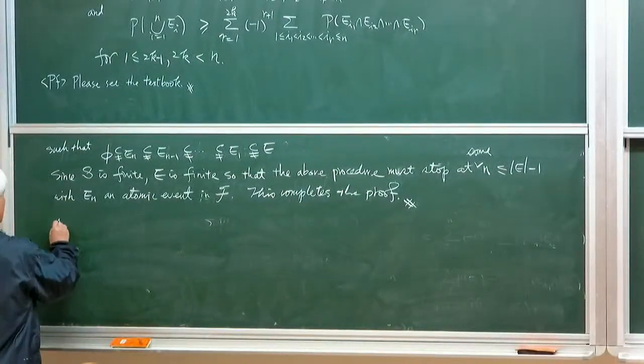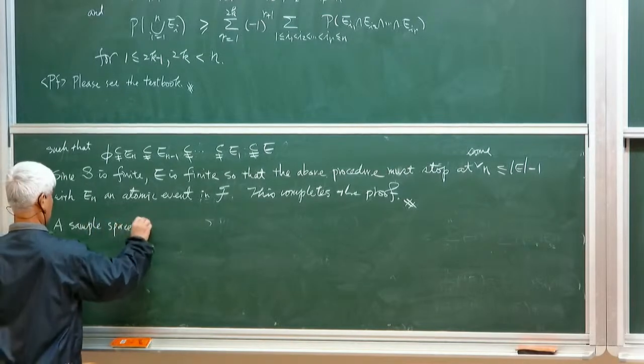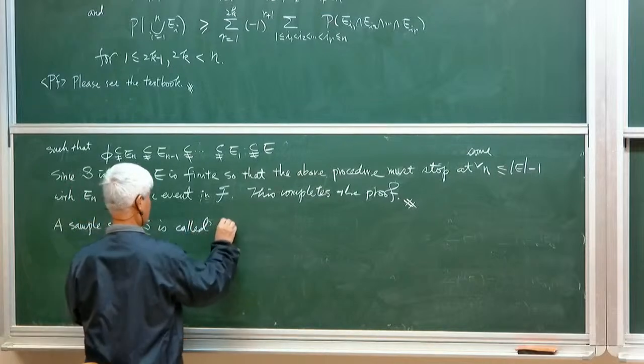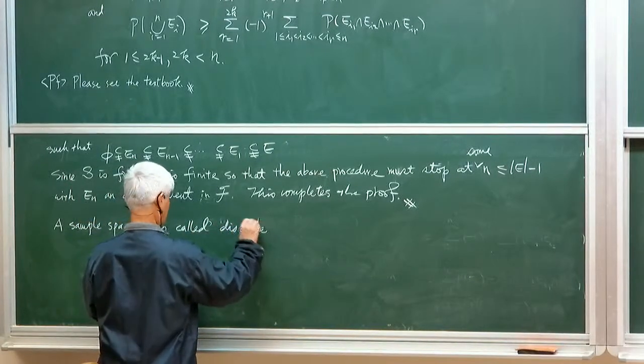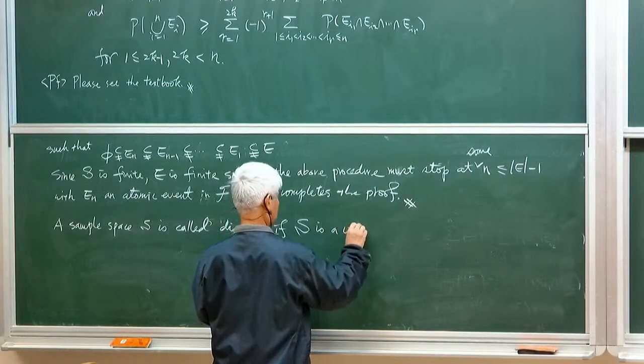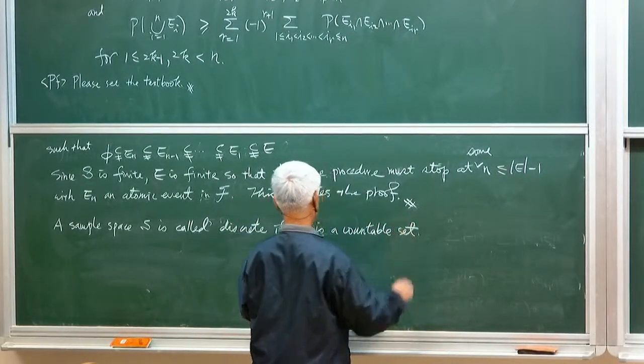All right, so a sample space is called discrete if X is a countable set.